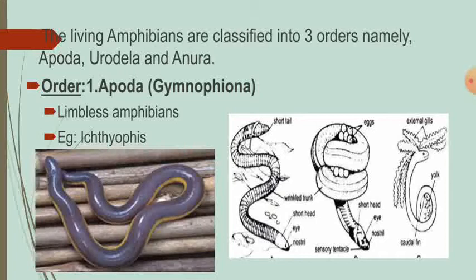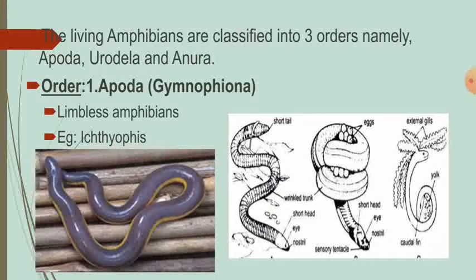These Apodans have long ribs, and fertilization is internal. The male has a protrusible copulatory organ, and in the male the cloaca is eversible and used for copulation. The eggs are large and yolky.